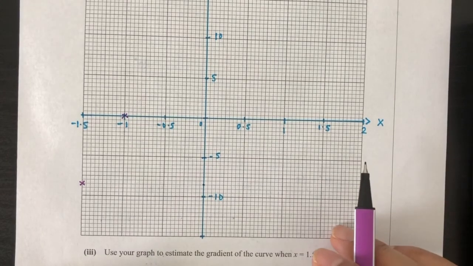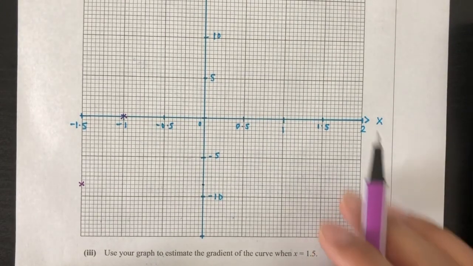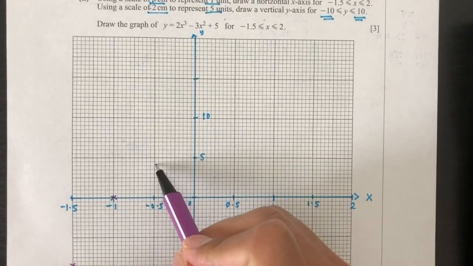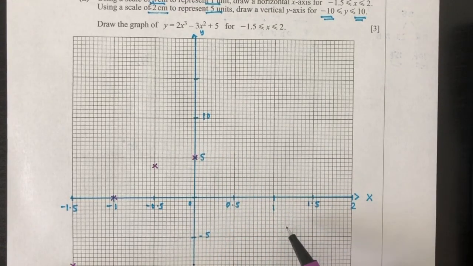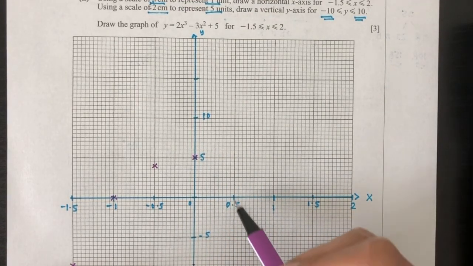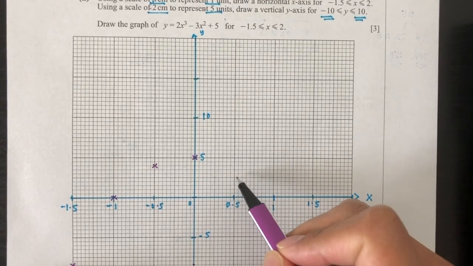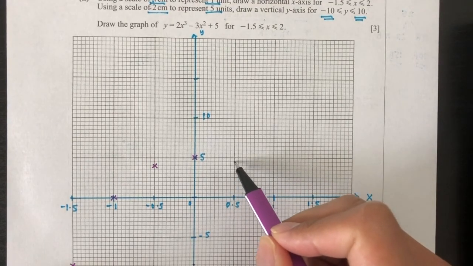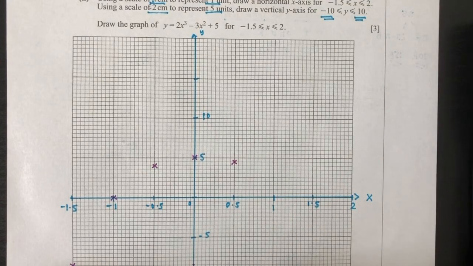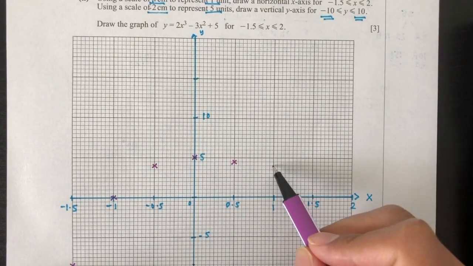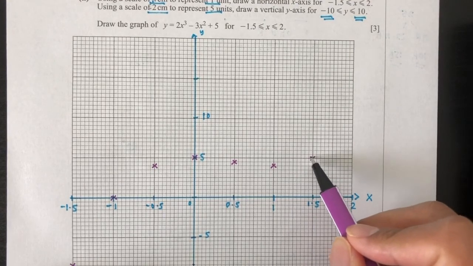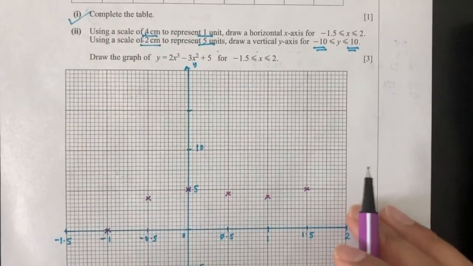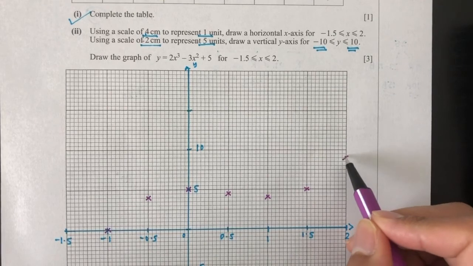Then we have minus 0.5, which will be 4. That will be right here. Then we have 0.5, which will be this one, 0, 0.5, 4.5, that will be 4, this one. Then we have 1, 4, that will be this one. Then we have 1.5, 2, which will be 9, just below 10.